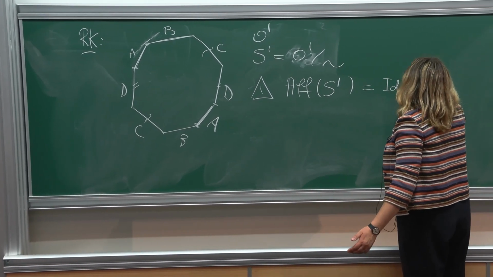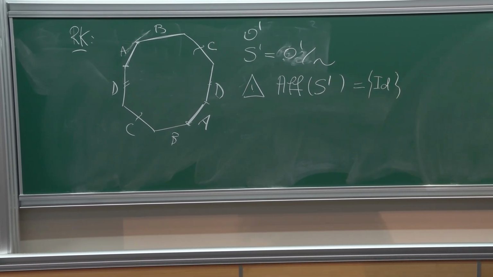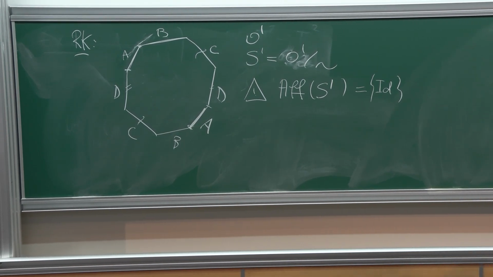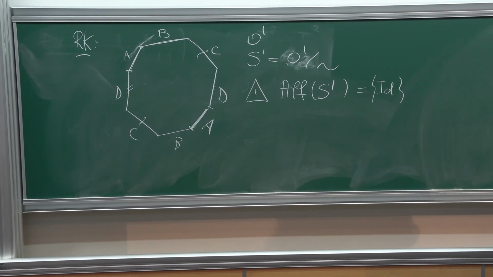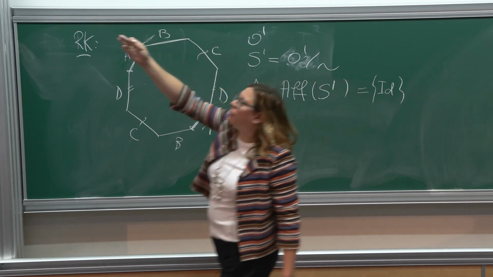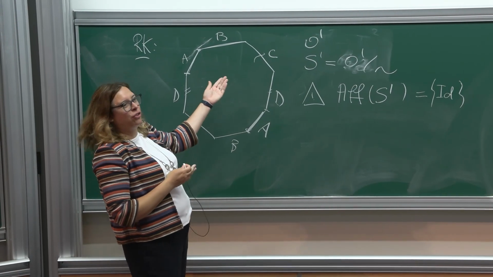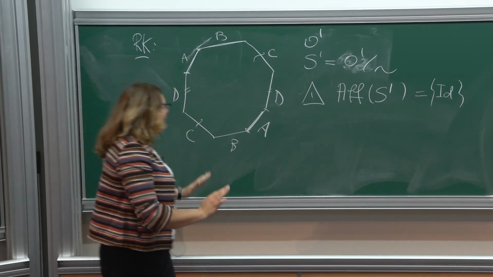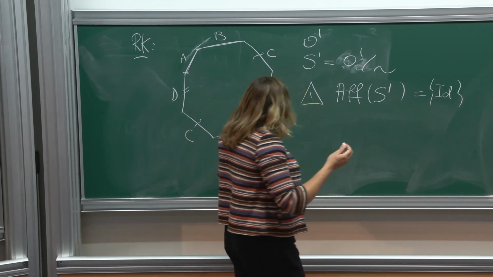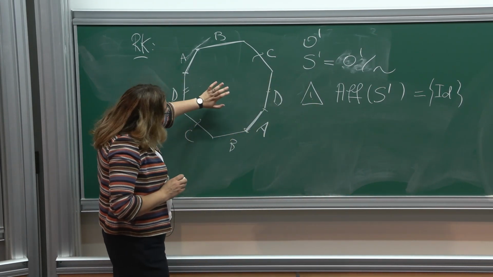It's not empty because the identity is still there, but there will be nothing else. So you may say the octagon was so special, it had affine diffeos, but if I change it a bit, nevertheless no problem, because we can renormalize, but not on a fixed surface.